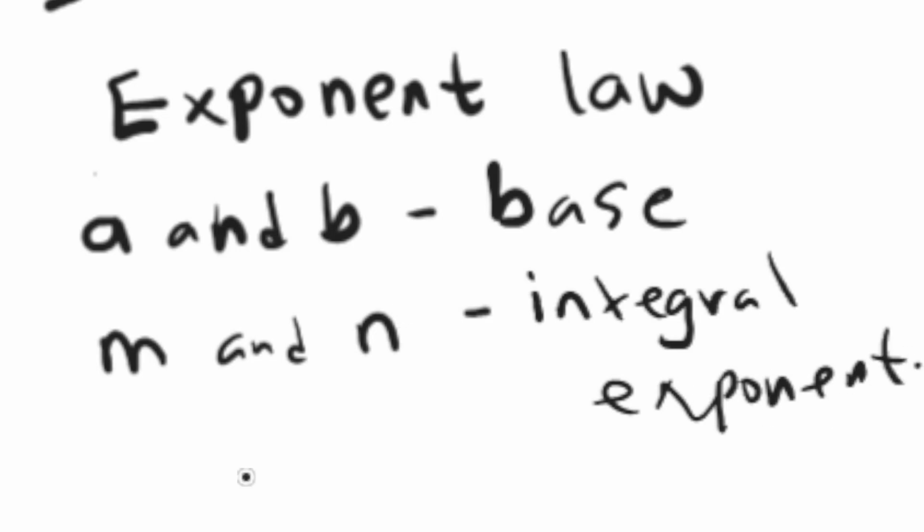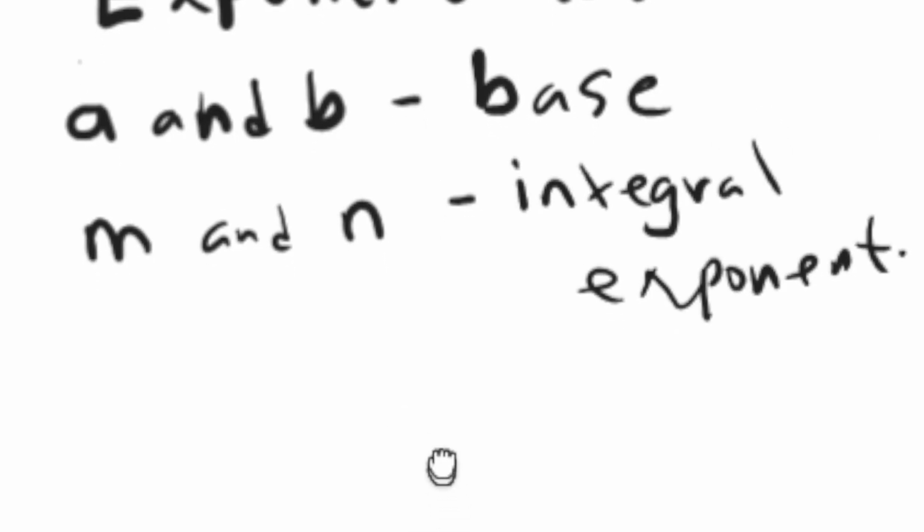So in all these laws that I'm going to put there, all the A and B will be my bases, and the M and N, where we have them, are going to be my integral exponents.